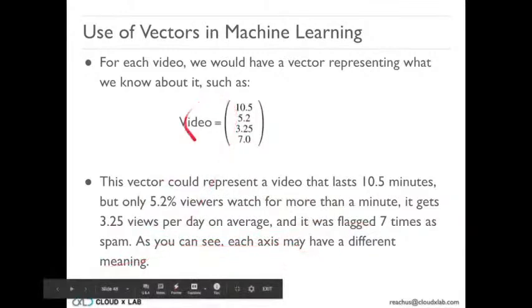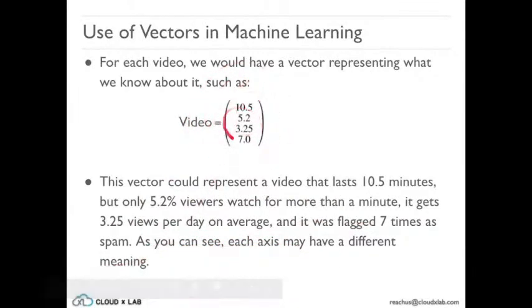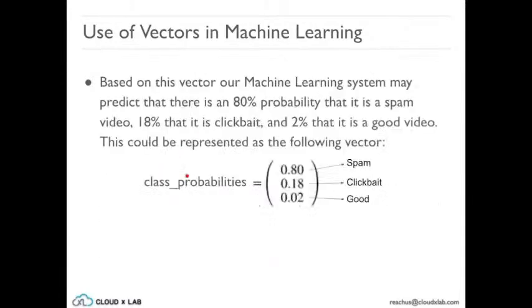Then you can represent that video in a vector that looks like this, in a Numpy array that looks like this. And this is the reason why Numpy arrays are used so much, because you can even represent complex forms of data using vectors and then use mathematical operations on that and apply algorithms on that for whatever processing you need to do after that.